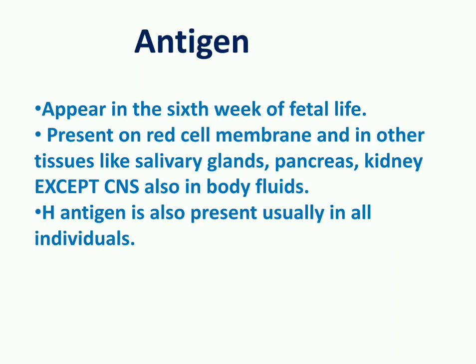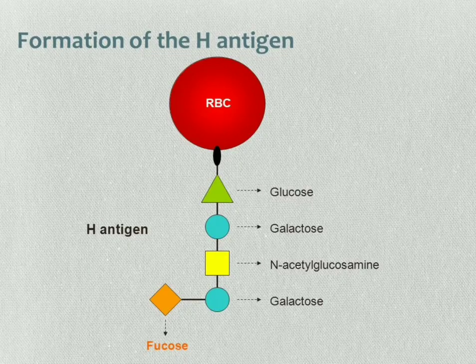The H antigen is also present usually in all individuals. The H antigen is the precursor for the formation of antigen A and antigen B. For example, we need reticulocytes to form RBC. In a similar way, H antigen is important in the formation of antigen A and antigen B.